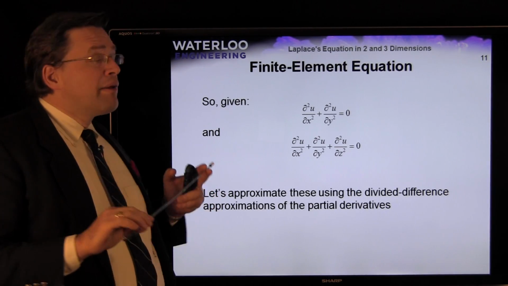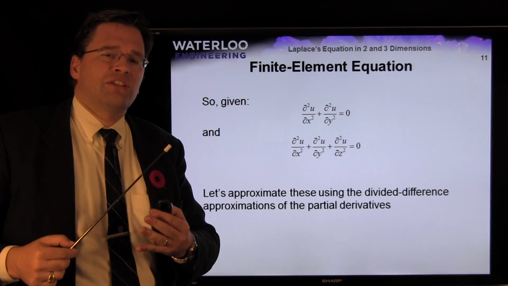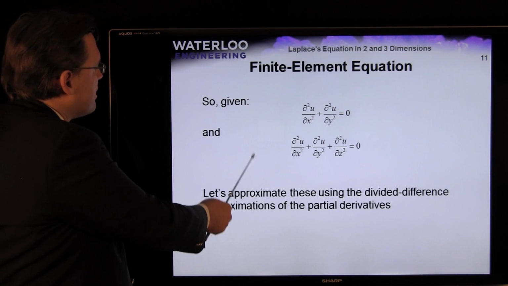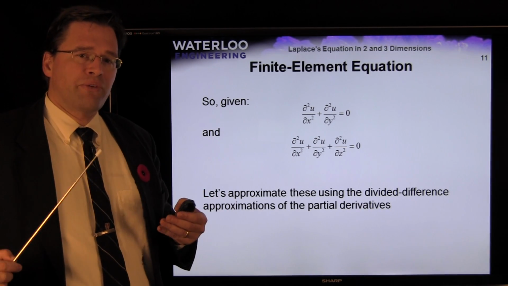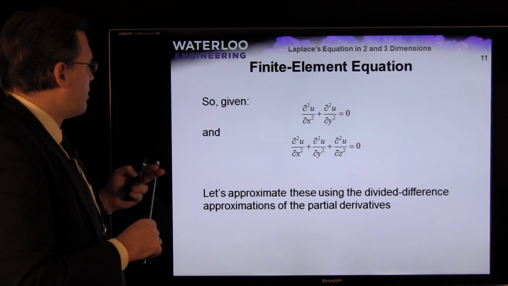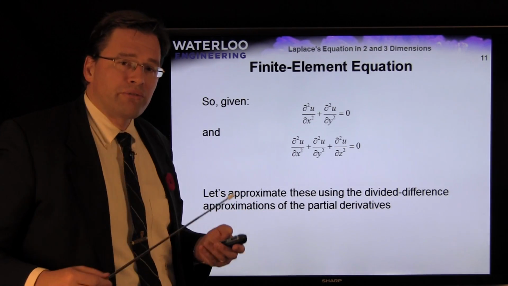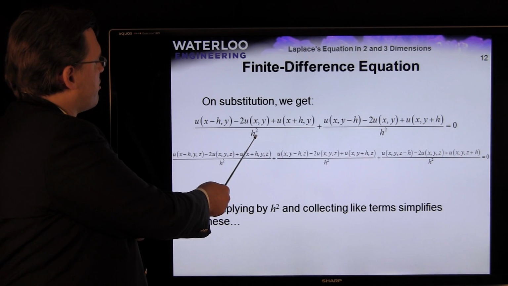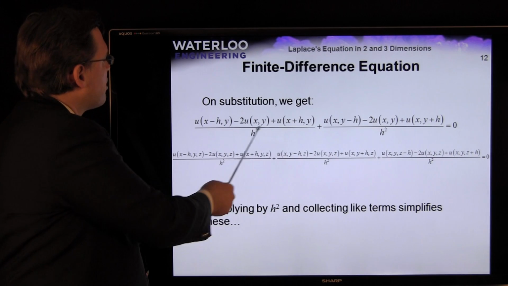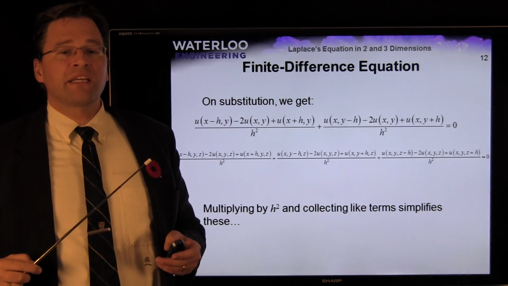Okay, we're going to see how this is done, and we're going to see how the equations actually show this. So given these 2 examples of the Laplacian in 2 and 3 dimensions, let's approximate these using the divided difference approximations for partial derivatives. All right, so there's an approximation of the second derivative with respect to the first variable, and here's the approximation with respect to the second variable.